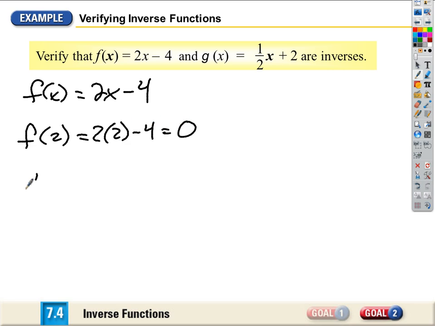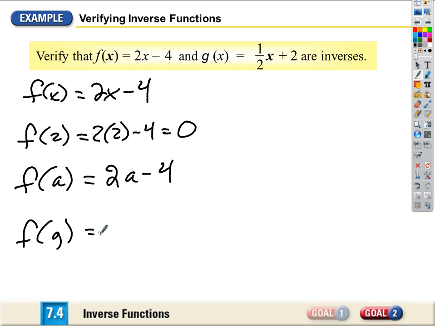What is f of a equal to? Yeah, we don't know what a is, but I know the answer is going to be 2a minus 4, right? Does that make sense? What is f of g equal to?